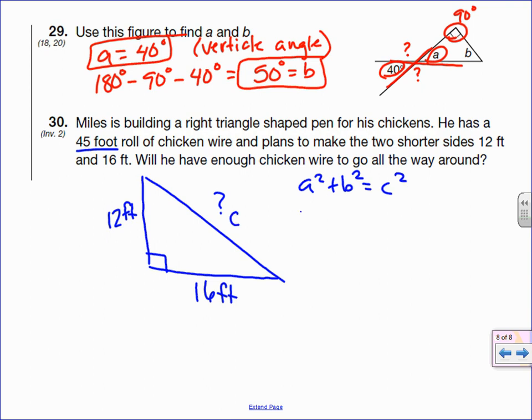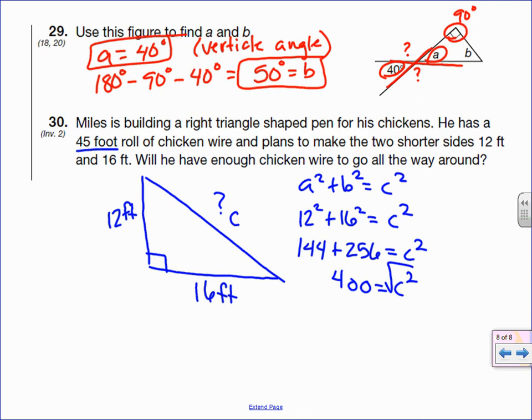So we have 12 squared plus 16 squared is c squared. 12 squared is 144. 16 squared is 256. 144 and 256 is 400.